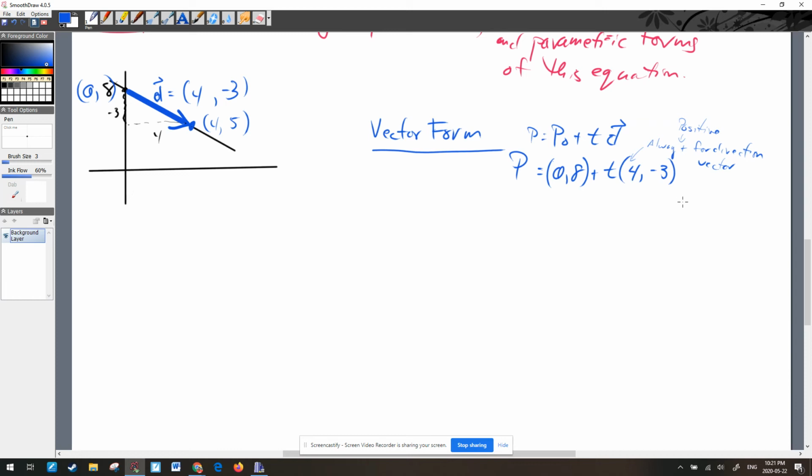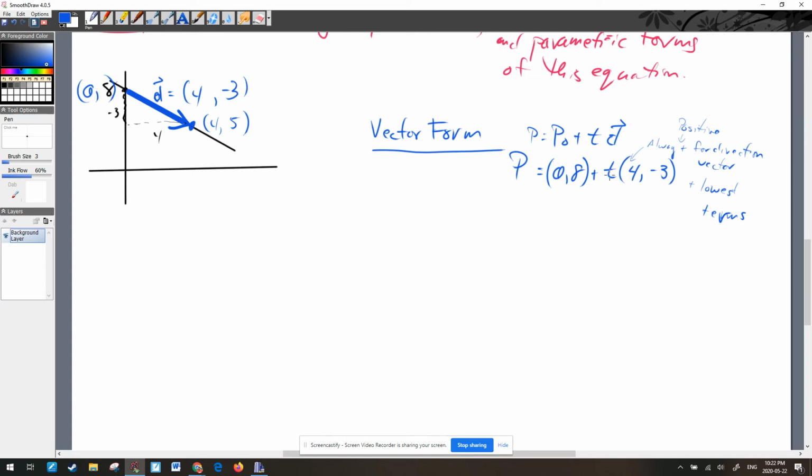And not only that, it should also be in lowest terms, right? So this direction vector just tells us how we want to go. 8, -6 would work just as well, but we always want to reduce the direction vector.